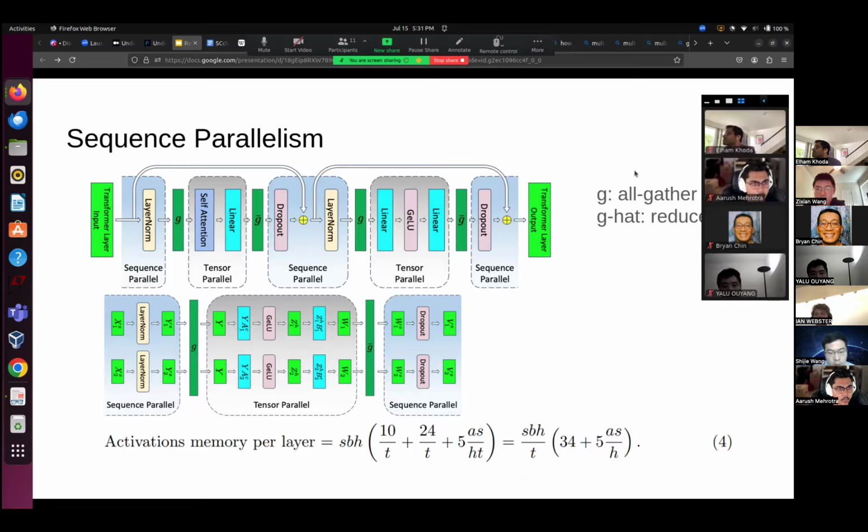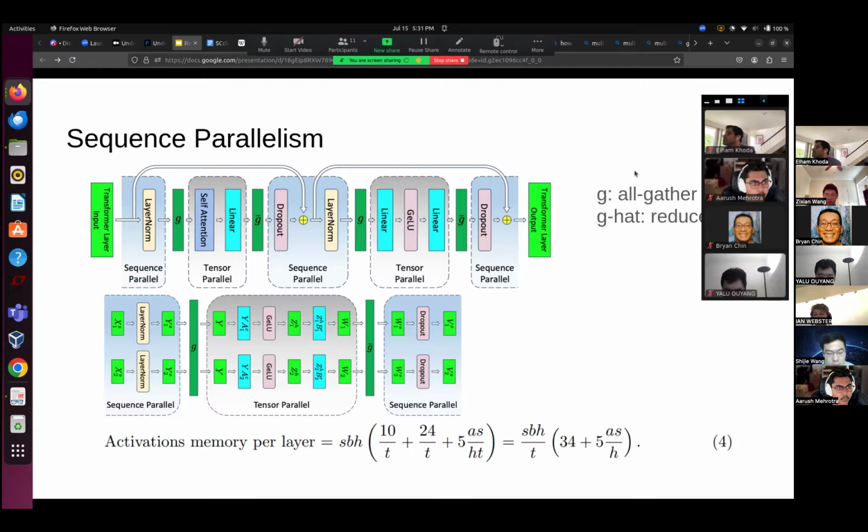And before and after each of these sequence parallelism sections, we also have an all-gather operation and a reduce-scatter operation to distribute and combine all the data from each GPU. So in this method, our activation memory per layer is going to be the equation at the bottom.